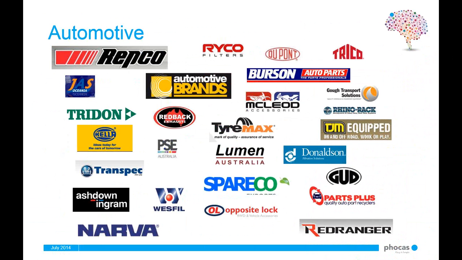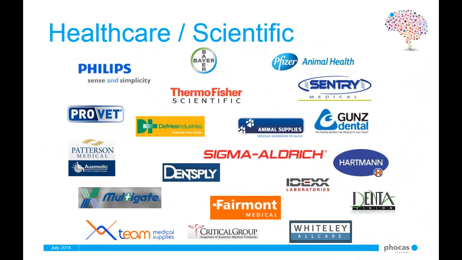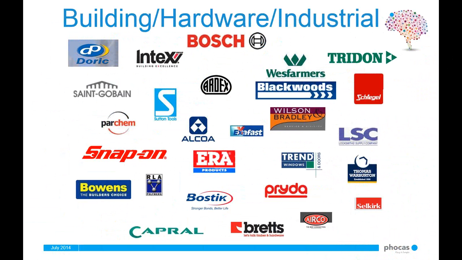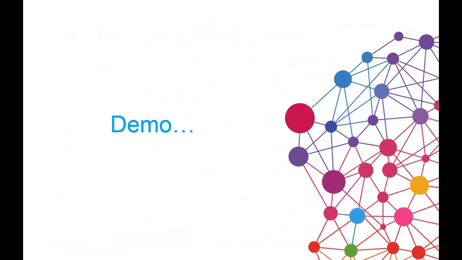They've got lots of data and they need to analyze this data and get it to the relevant people as quickly and as easily as possible, taking the burden away from IT and putting it on the end user to self-serve the information they require. So you can see we're in various different industries: electrical and lighting, healthcare and scientific, building and hardware, plumbing and heating, etc.